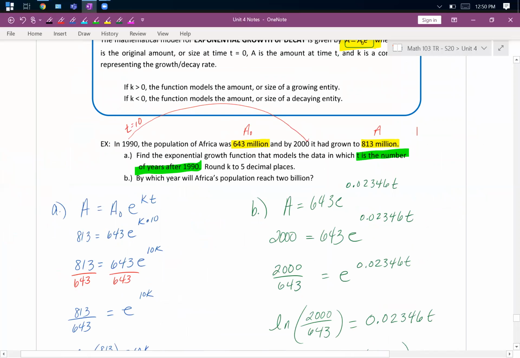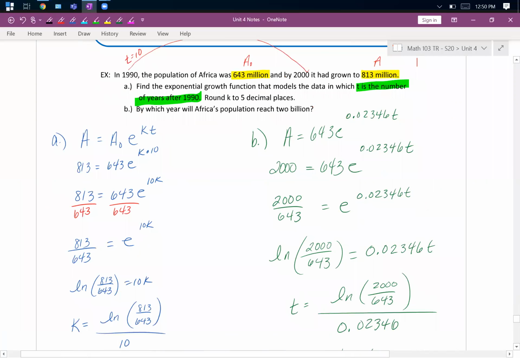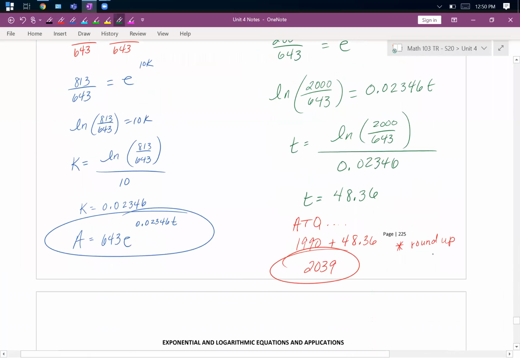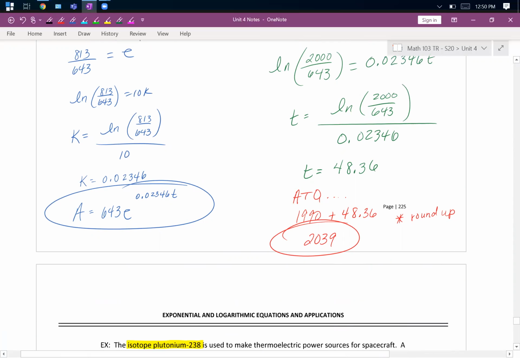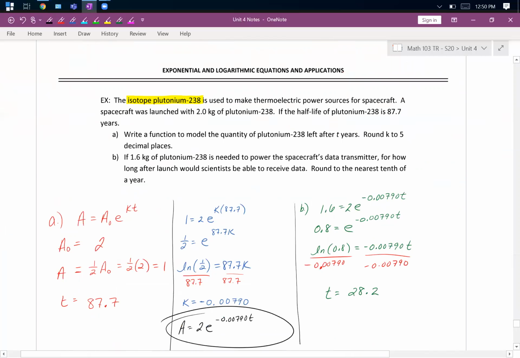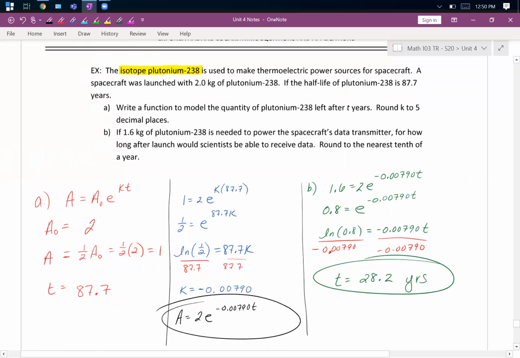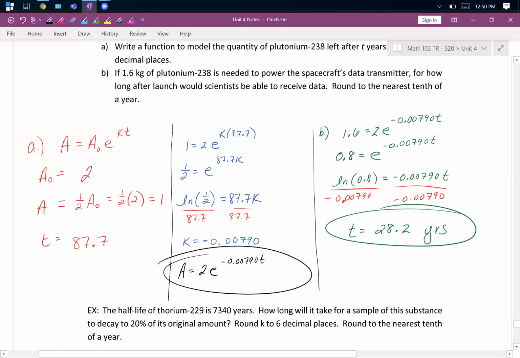It was looking for a calendar year. So we had to automatically round up to the next year because we're talking calendar year. Here, they're not asking us for what year. They're just saying how many years. Therefore, we will not be rounding up. It's just 28.2 years. Questions, anybody?